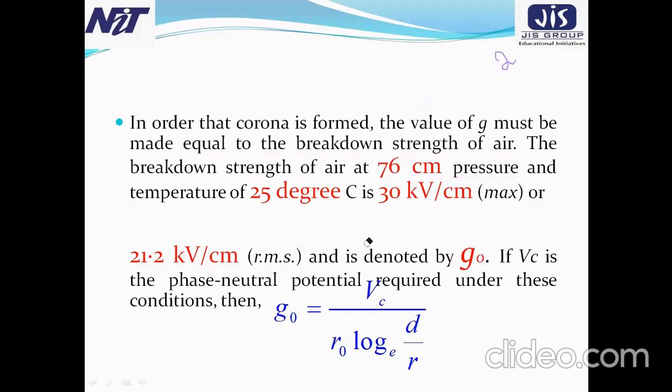We can recall the same equation, just converting from G to G0. Again repeating for your understanding and remembering: G0 equals Vc by r log d by r to the base e.